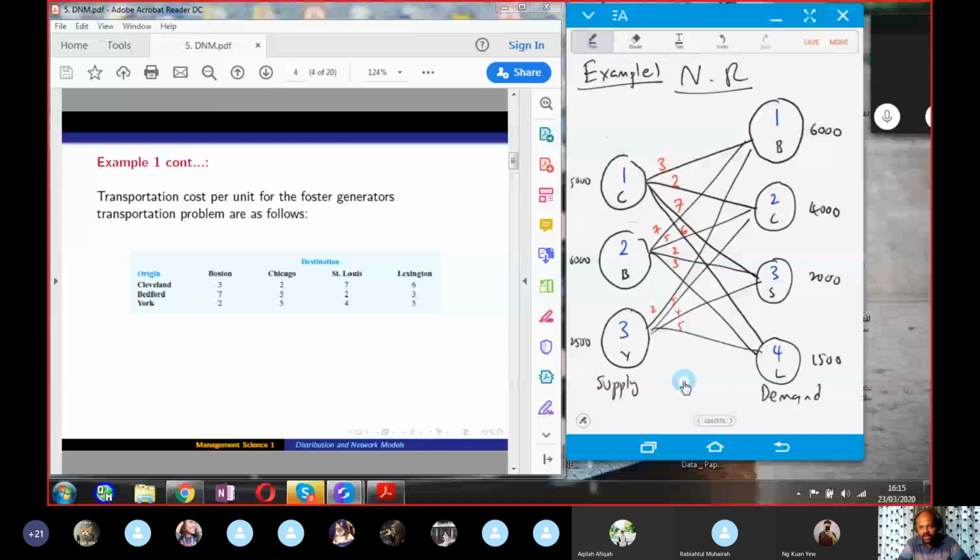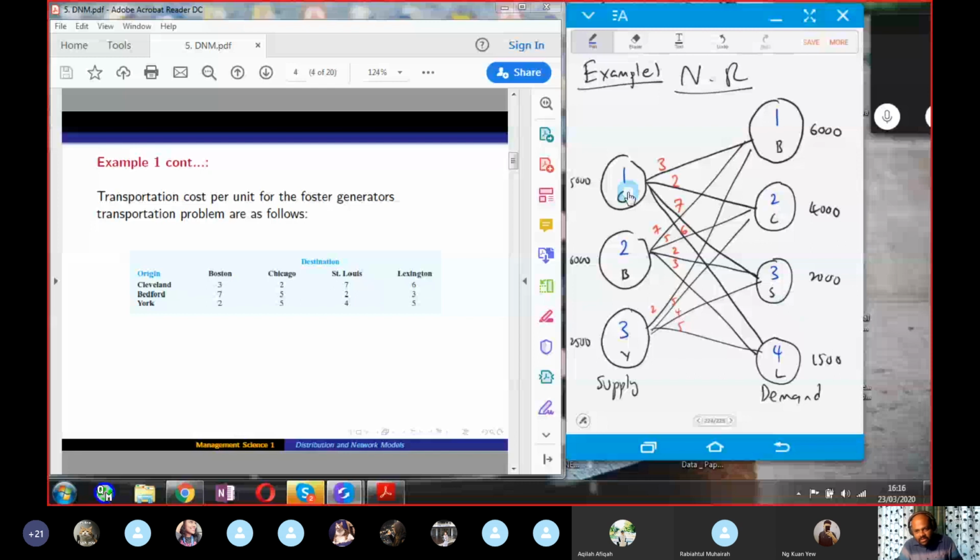Remember, what we are doing now is a transportation problem. In a transportation problem, it is very important to know the quantities from each supply to each customer. This plant can produce 5,000.